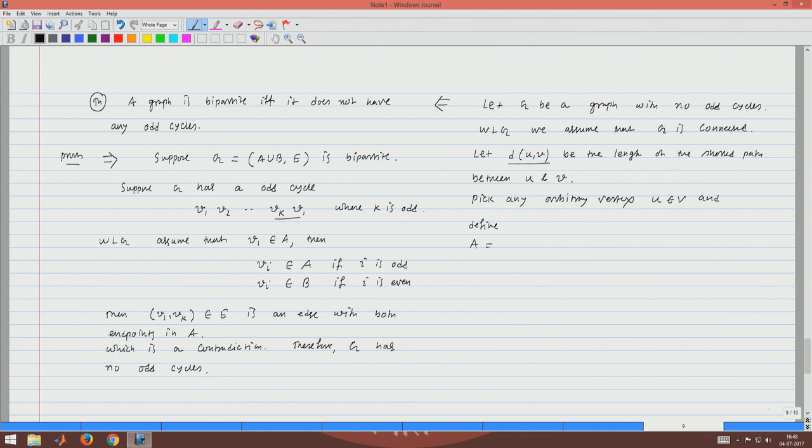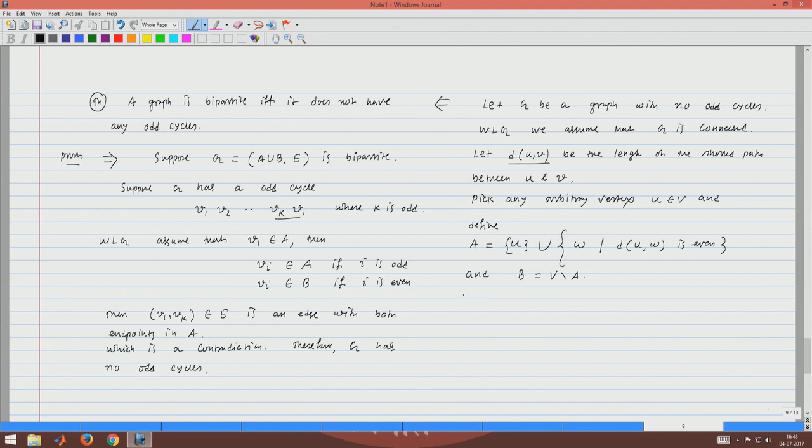A is equal to the vertex u union some more vertices w such that the distance between u and w is even, and B is V minus A, the other vertices.